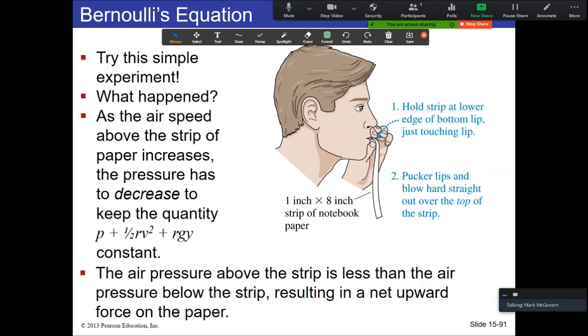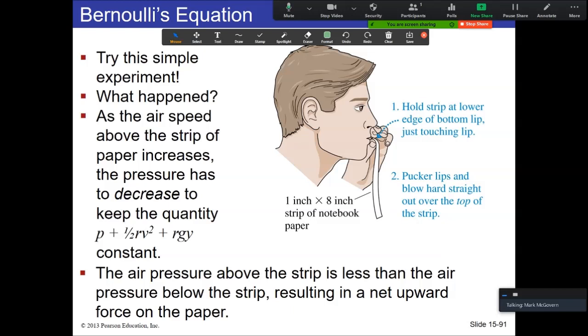And in order to conserve energy there, by having the air move very fast, it automatically will decrease the pressure in the air. Now, underneath the strip, you don't have that airspeed taking place there. So what you have is you have a pressure differential. The pressure on top of the strip is less than the pressure at the bottom, and that's going to create an upward force that will make the strip rise a bit.